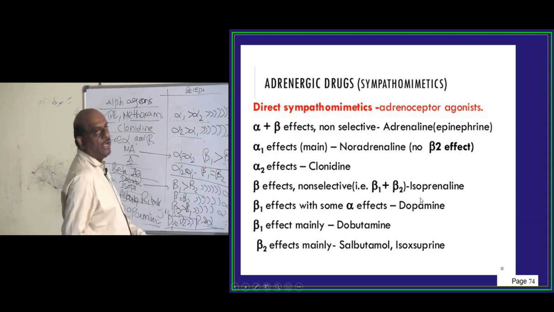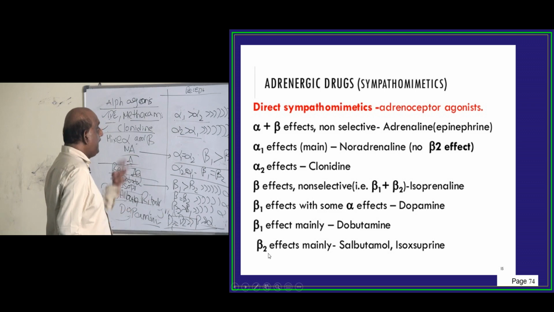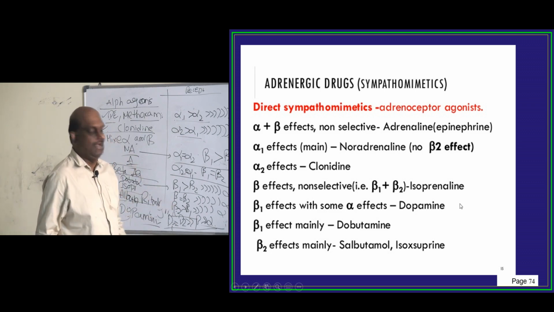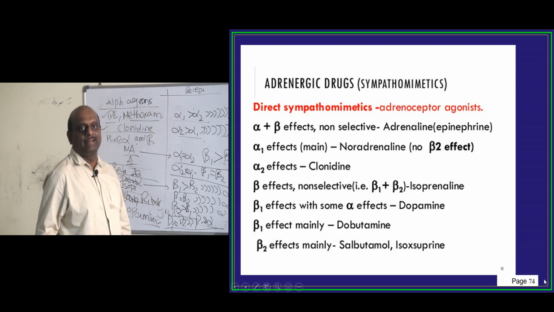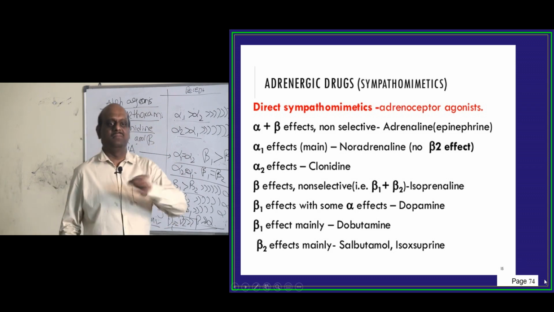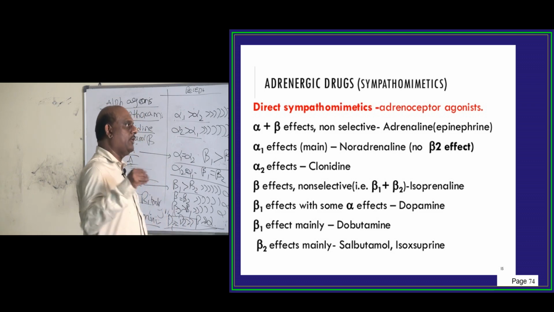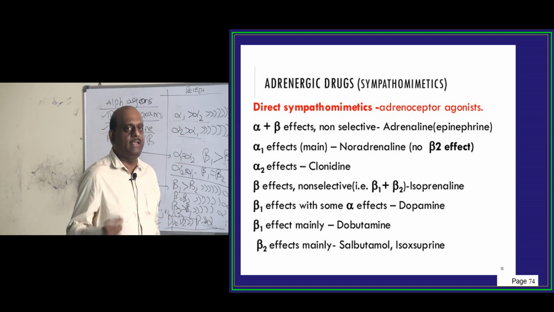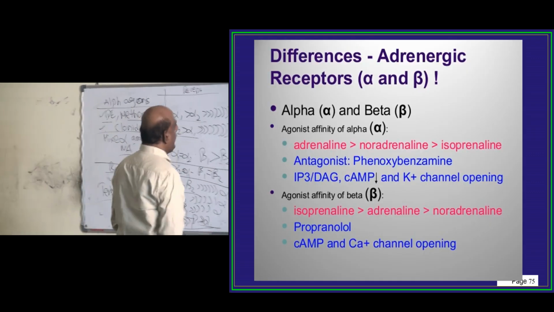Beta 1 plus beta 2 non-selective means isoprenaline. Beta effect with some alpha effect means dopamine. Beta 1 mainly means dobutamine. Beta 2 mainly means salbutamol and isoxsuprine. So read the same thing multiple times, a thousand times, and become a master of autonomic nervous system pharmacology in order to get the top rank in NEETPG.